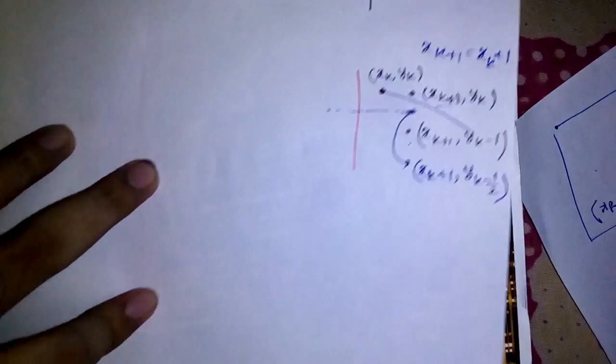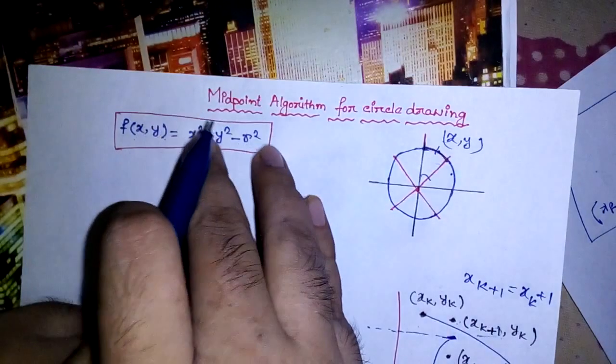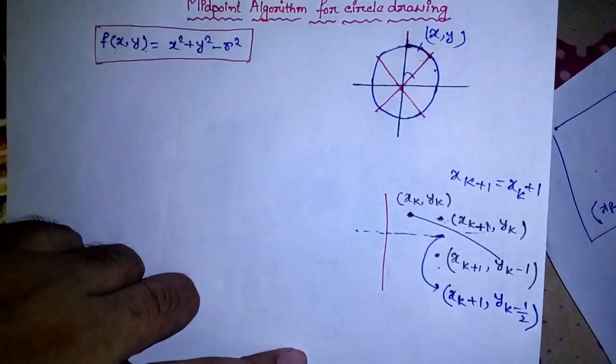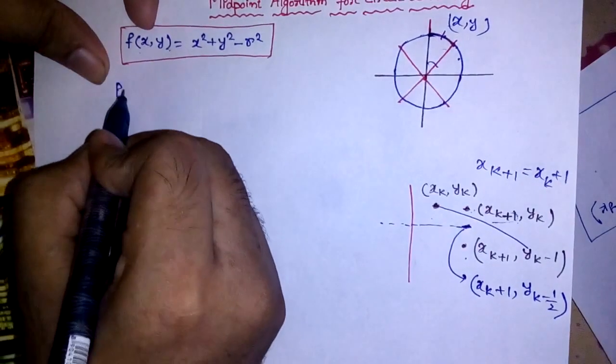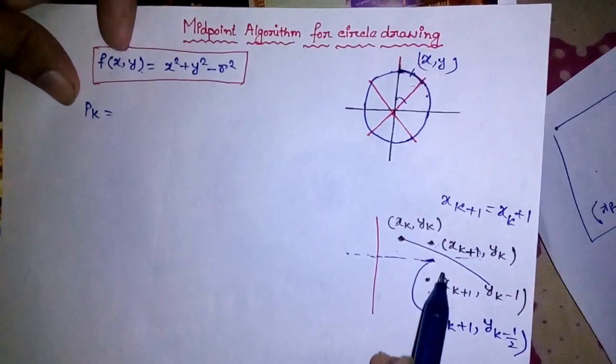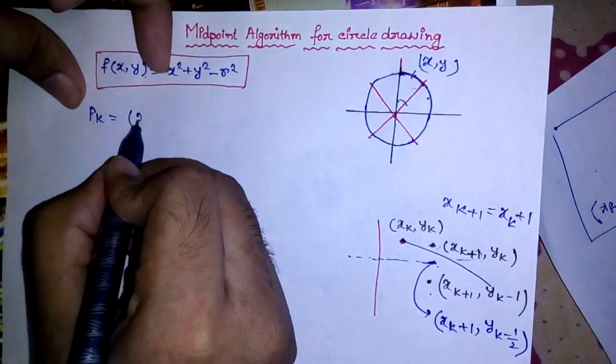Alright, so using this property I can put this point into this polynomial and get the value. Let's call it pk. So pk will be, if I put this midpoint in this equation, simply x.